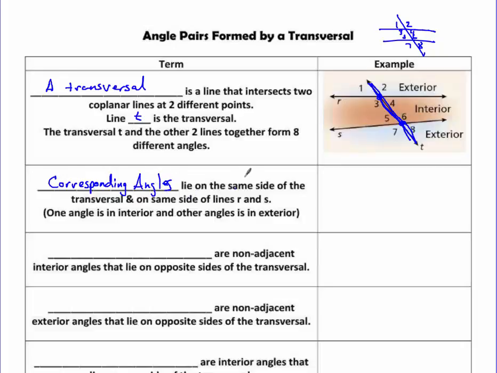Okay, corresponding angles lie on the same side of the transversal, so they're either all on this side or they're all on this side, right?